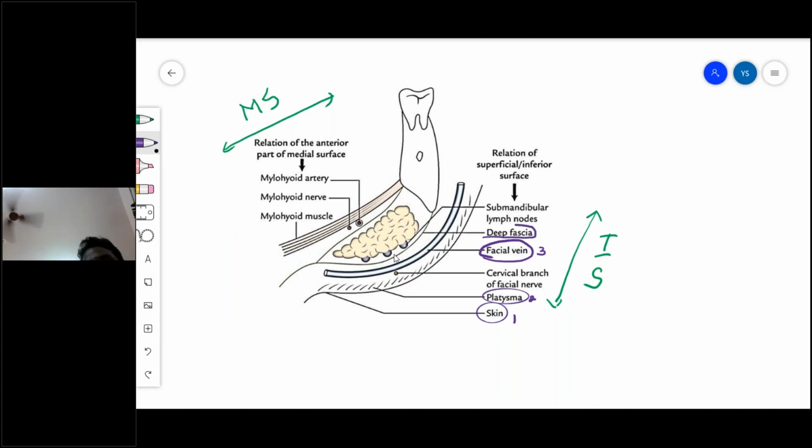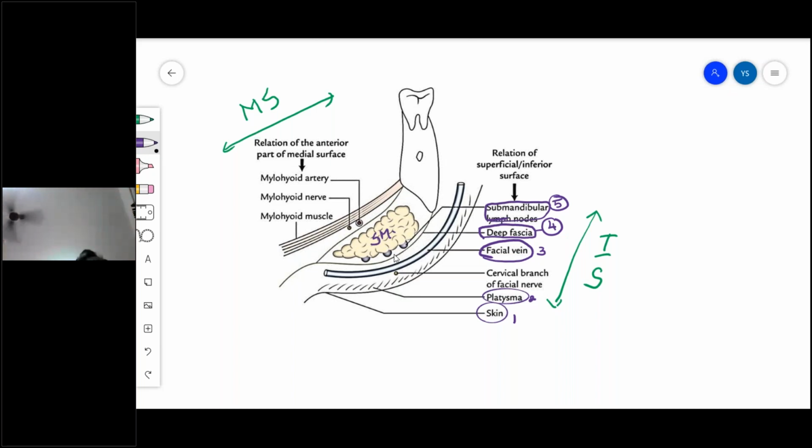Investing layer of deep cervical fascia. Number four. Number five, submandibular lymph nodes. So these are the relations of inferior surface. Otherwise it is also called superficial surface. Okay?